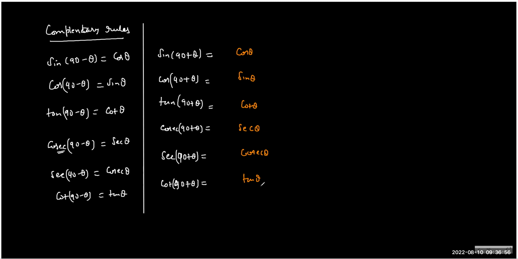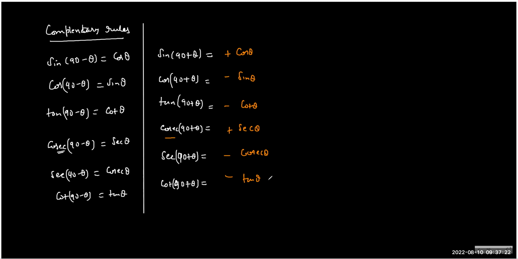Second quadrant. So in the second quadrant, who are positive? Sine and cosec. So this answer must be positive because sine is positive. And the cos, everything else will be negative. Simple. In the second quadrant, except sine and cosec, everything else must be negative.